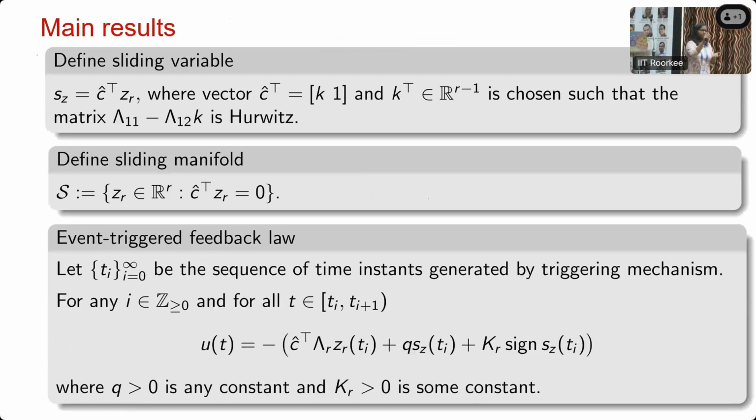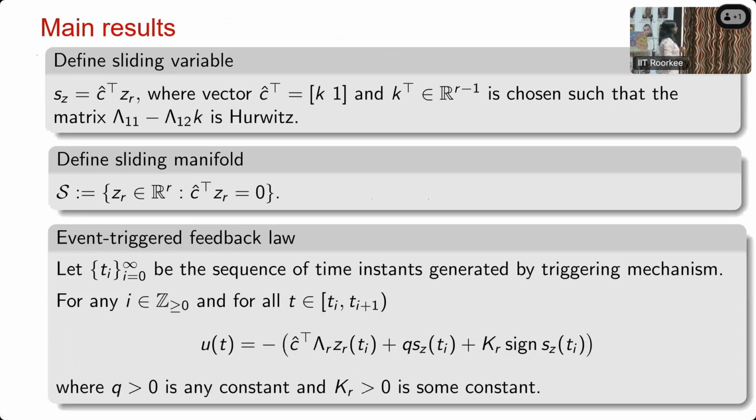Now Z1 is transformed into ZR, which is the reduced order system in regular form. This is our sliding variable design using these states, where the sliding parameter is chosen accordingly. Now this is the sliding manifold.